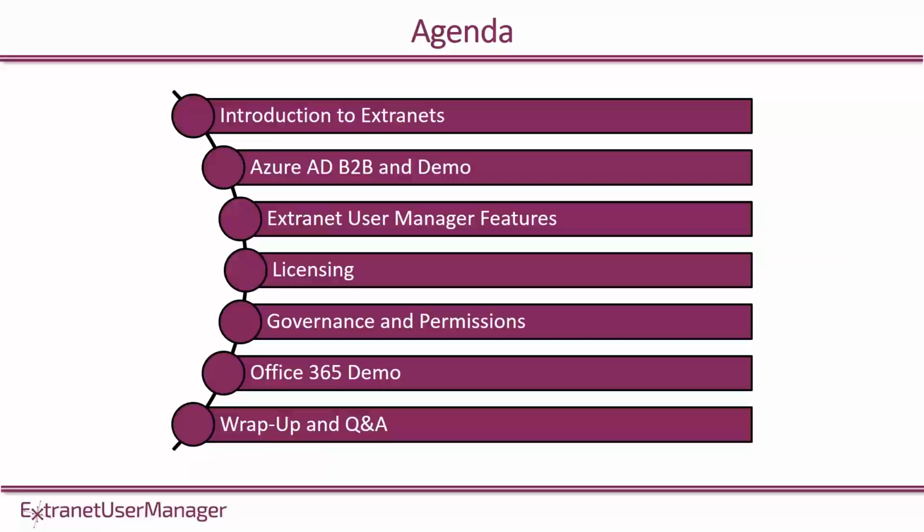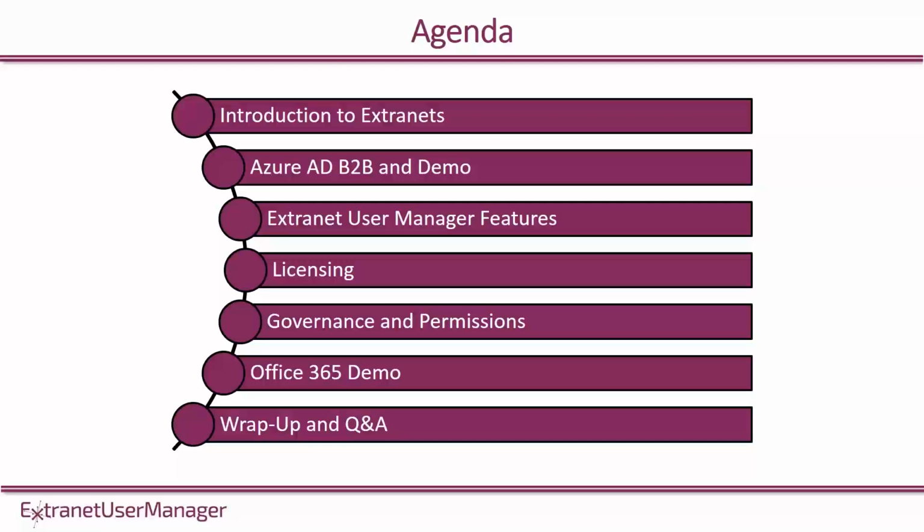All right, so let's start with a quick agenda. We're going to begin with a very brief background on Extranet, just to level set everybody. And then we're going to dive right into Azure Active Directory B2B, which is their business-to-business service. Still in preview. It's been out for a little over a year now. It's had some fairly major revamps in the last 6 months or so, and we'll basically go through that experience using the native tool.